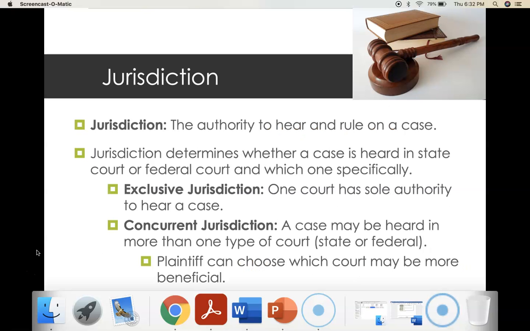Okay, so for jurisdiction, jurisdiction is just a word that basically explains who has the authority to rule or hear a case or convict of a crime, things like that. So again, you've heard of police jurisdiction, which means they have a specific authority to arrest you or patrol certain areas.